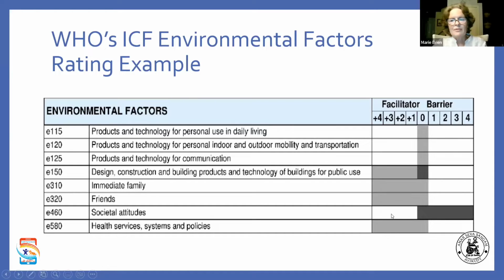So for example, societal attitudes are in this situation a great barrier, if there are negative attitudes. Here we have that the design, constructions, and immediate family and friends are facilitators in this situation. So we have to look at each situation separately and see, is it a barrier or a facilitator?